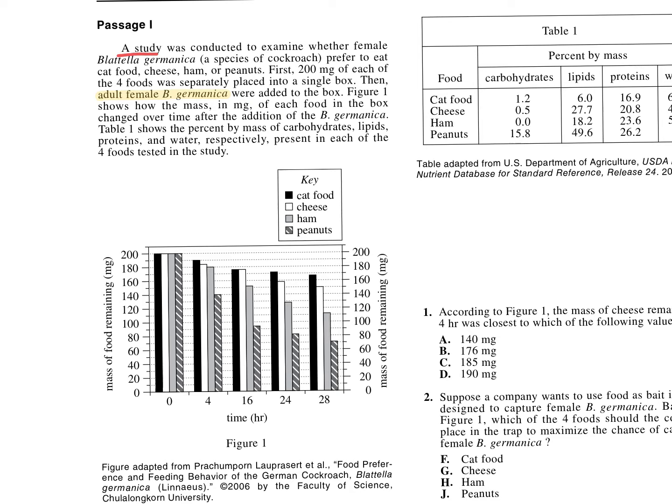Okay, so still not, female Blattella germanica, what is it? It's a cockroach. Okay. How important is this female Blattella germanica in the context of everything? None. None. It's a cockroach. They could call it whatever.